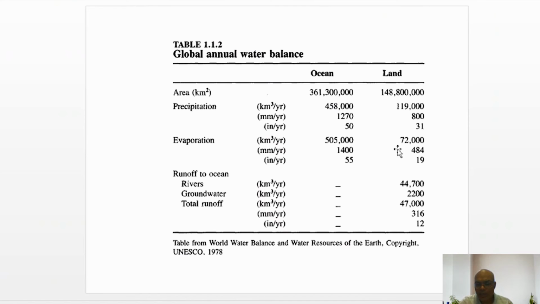The total precipitation on land is equal to 119,000 kilometer cube per year.